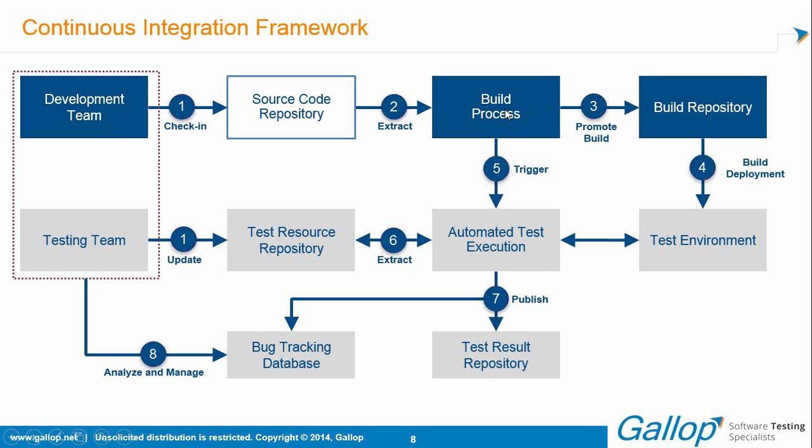Once the build process is triggered, it promotes the build to the build repository, but before that, the build process will make sure that the build has not failed and is of good quality for the downstream jobs.